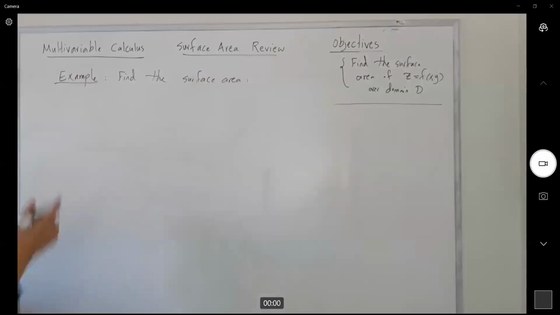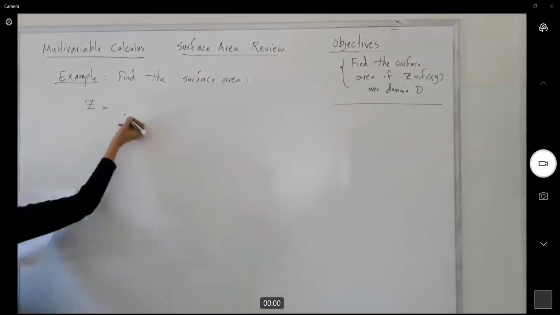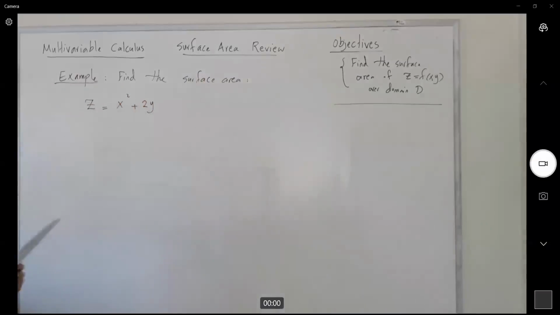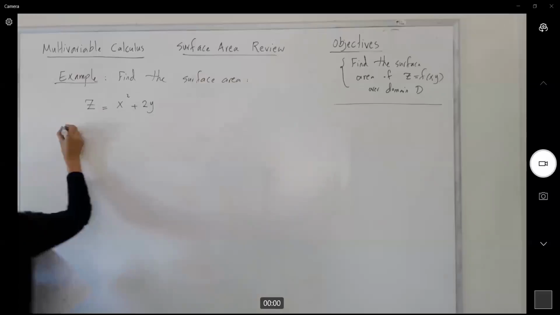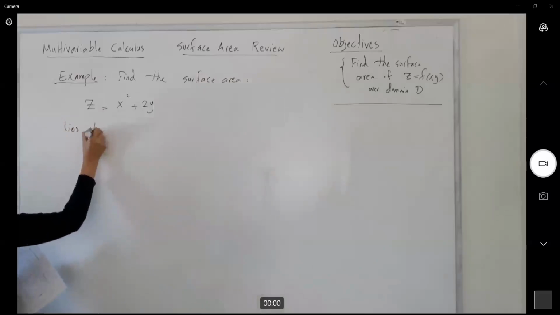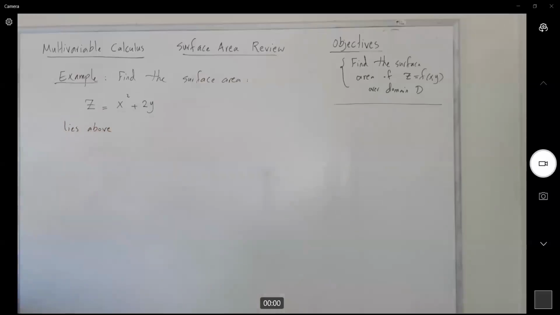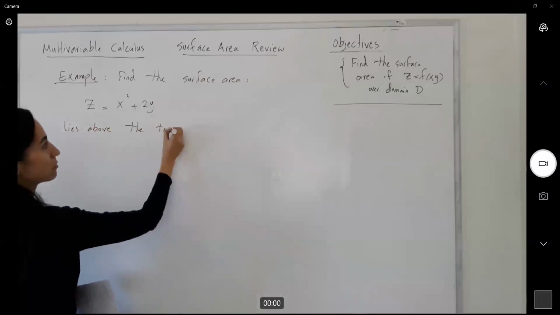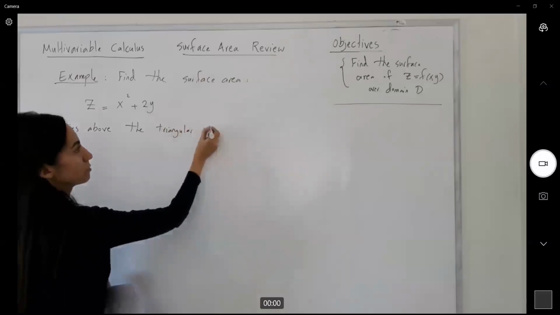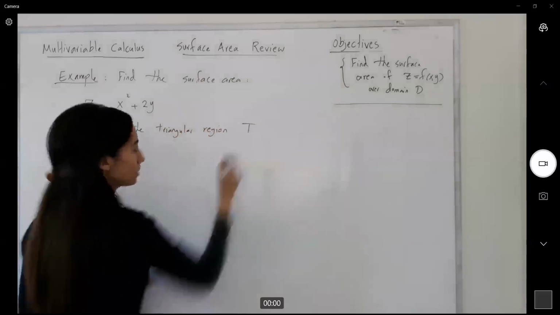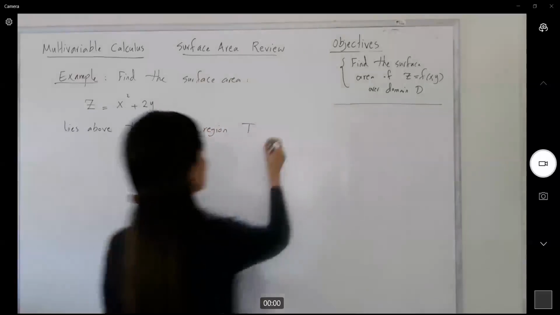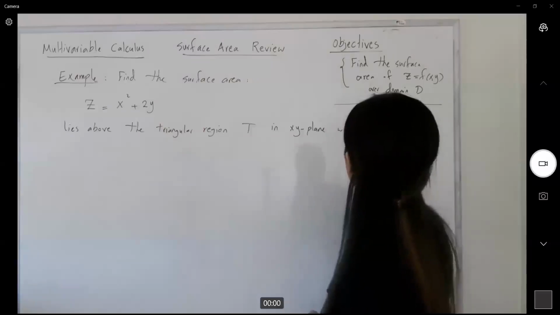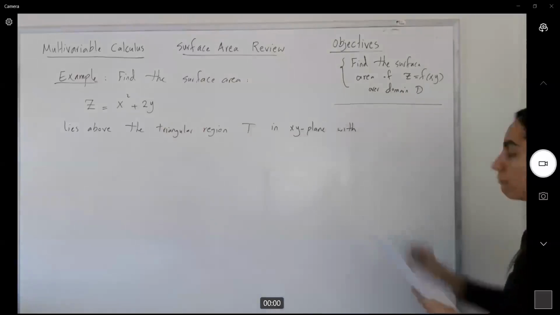We have the surface area of the function z equals x squared plus 2y, and it lies above the triangular region in the xy plane with the following vertices.